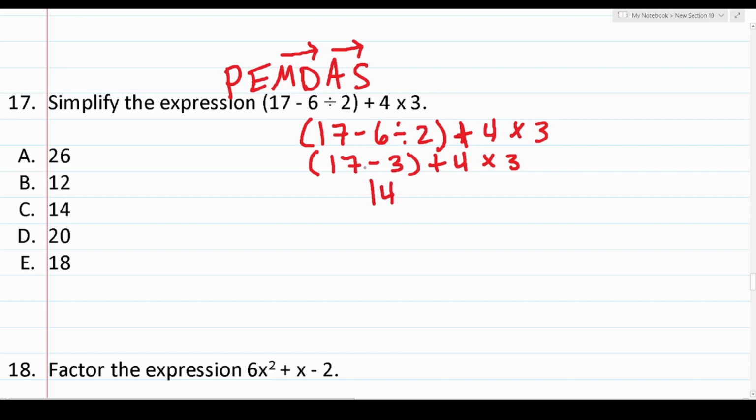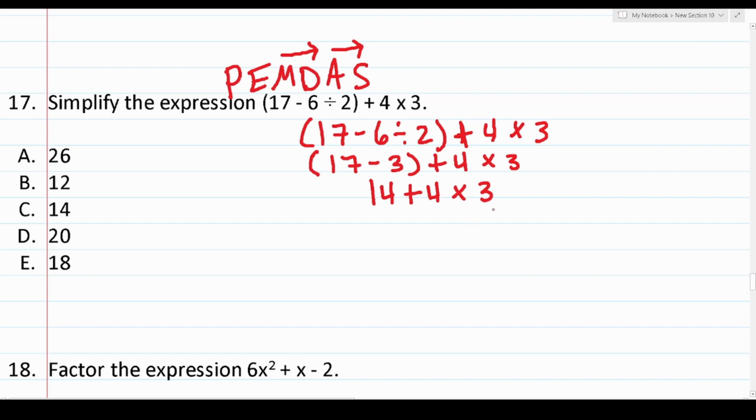Okay, so we only have one number in parentheses, so we don't have to use them. So this becomes 14 plus 4 times 3. Now we just have 2 operations left, notably addition here and multiplication here. If we look at our order of operations, we should see that multiplication comes before addition.